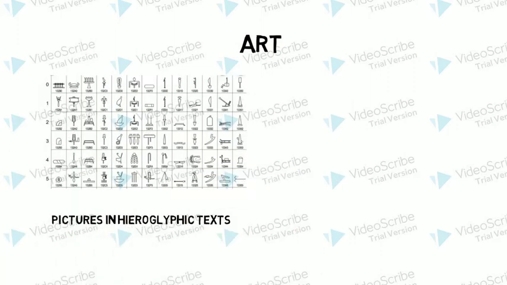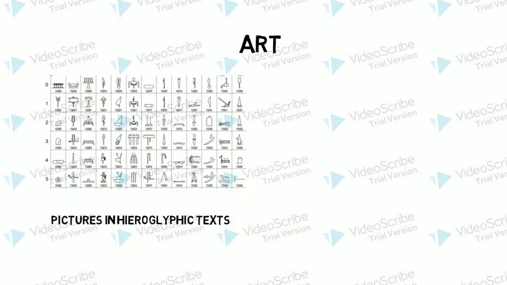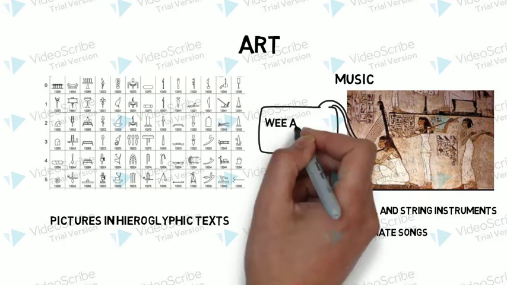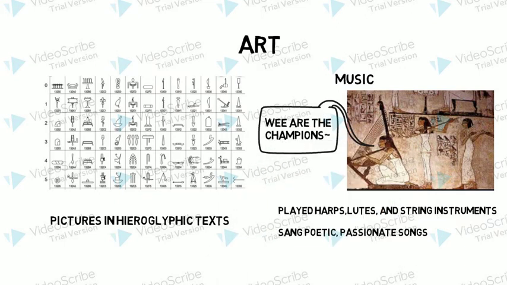For art, Egyptians used picture symbols called hieroglyphics for recording. They also made music and sang along with instruments like the harps, lutes, and string instruments. There are two kinds of pyramids.